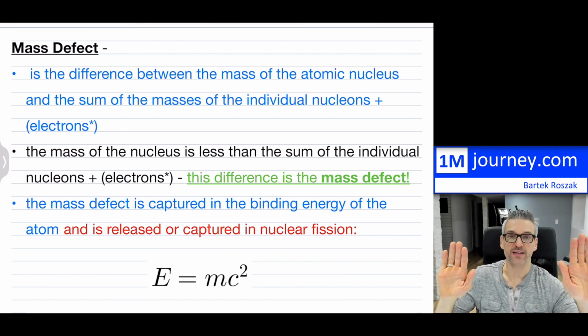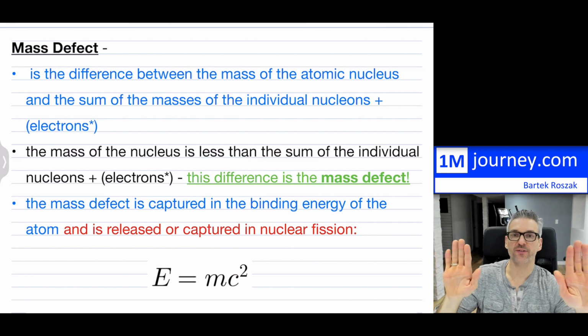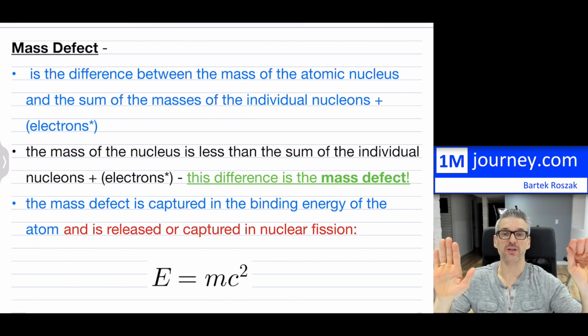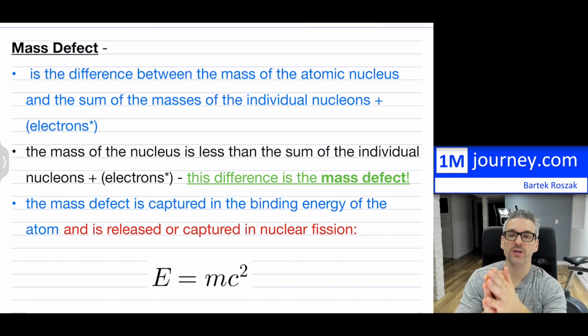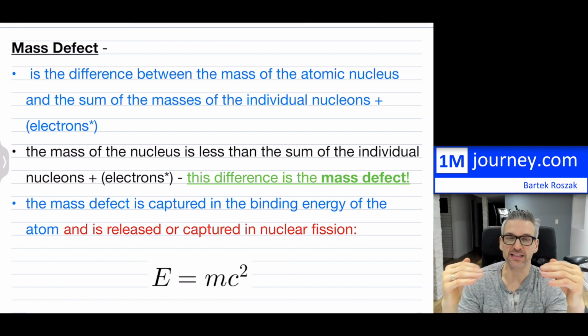And what you will find is that the two are not equivalent. They're not the same. There's a difference between adding up protons and neutrons individually, getting a mass, and then taking a look at the nucleus itself and asking what's the atomic mass. That difference between the two is called the mass defect.